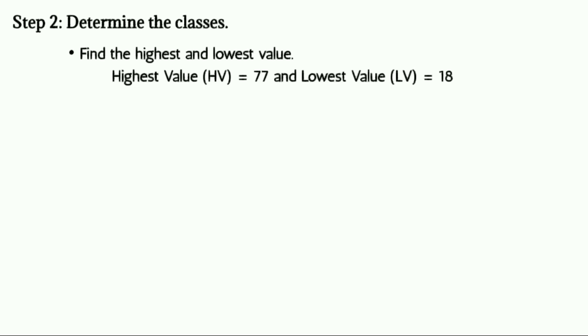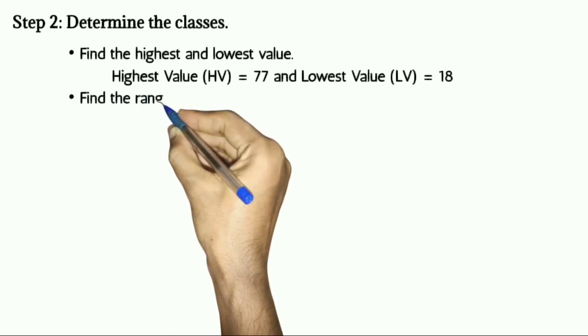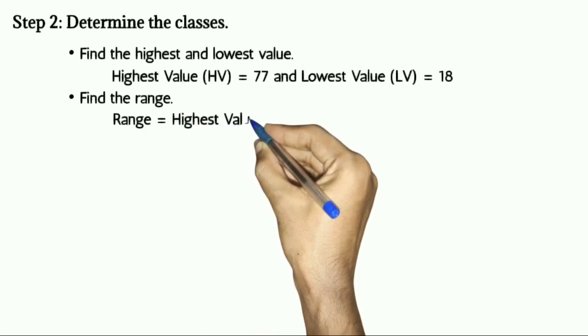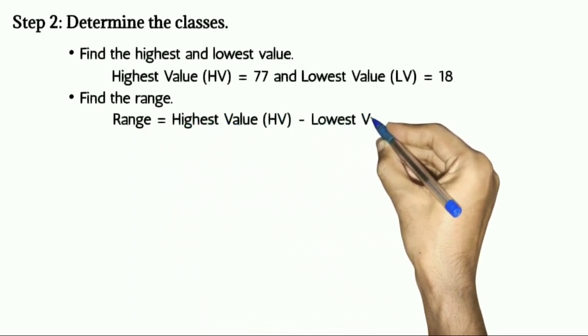That's why it's very important to arrange the raw data in ascending order kasi malalaman na natin kung ano yung lowest value at ano yung highest value. After that, let's find the range. The range is equal to the highest value less the lowest value.